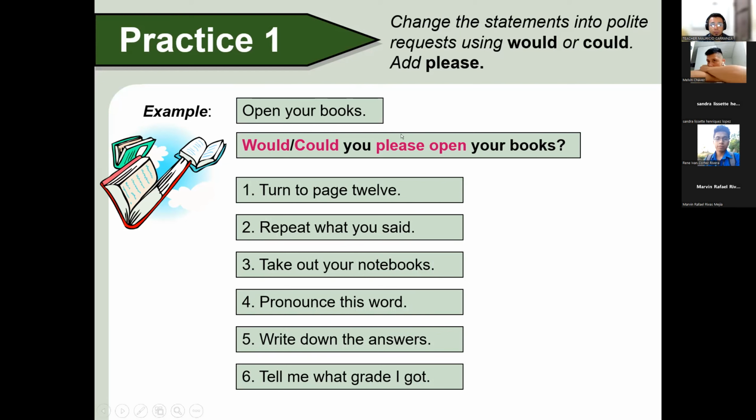Using could or would. Use the example as a guide. Good.